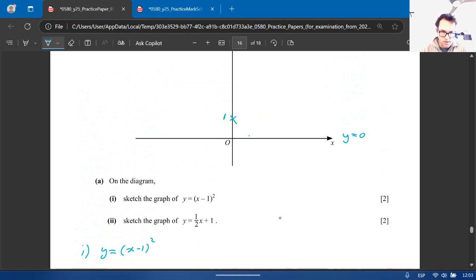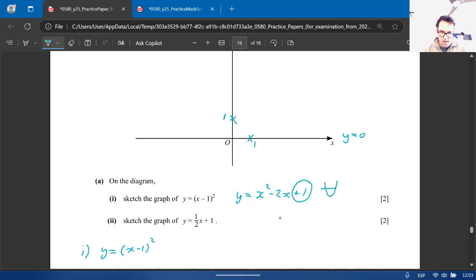Now that's the question, because remember, this is a quadratic graph. If we were to expand that bracket, not that we have to do it, we'll get x squared minus 2x plus 1. Again, that is where it crosses the y-axis. Okay, but it's a quadratic, and a quadratic graph is always a parabola.